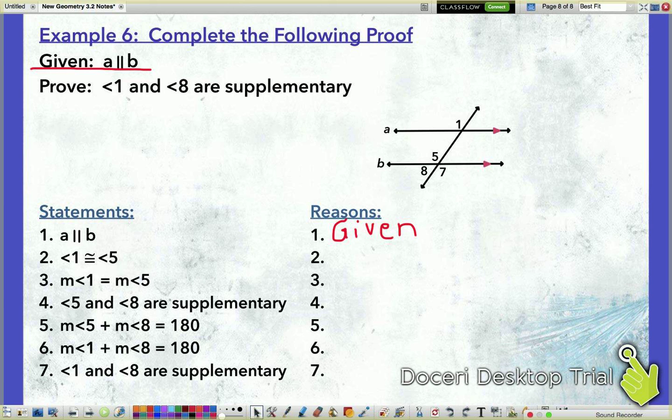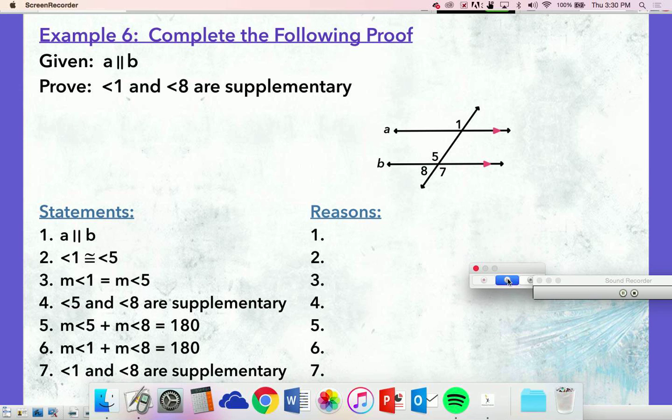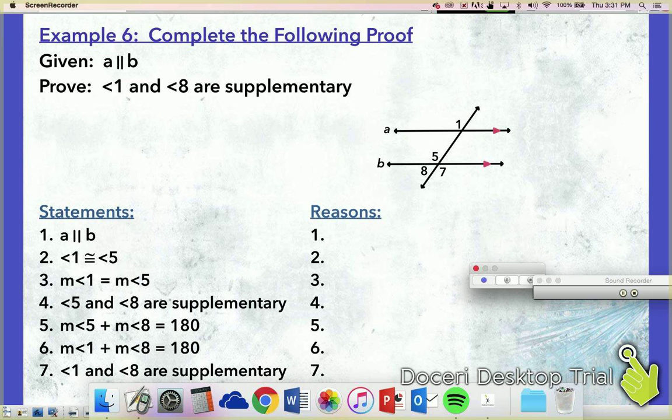Sorry, I lost the little end to my stylus there. So, given.